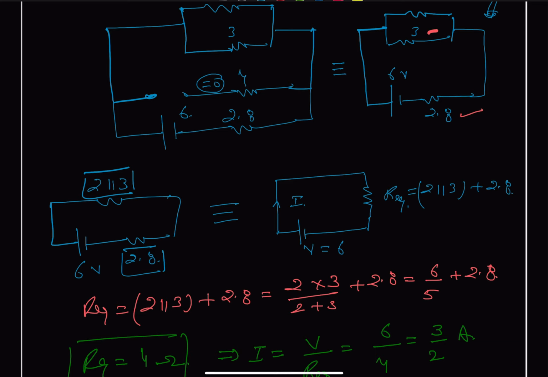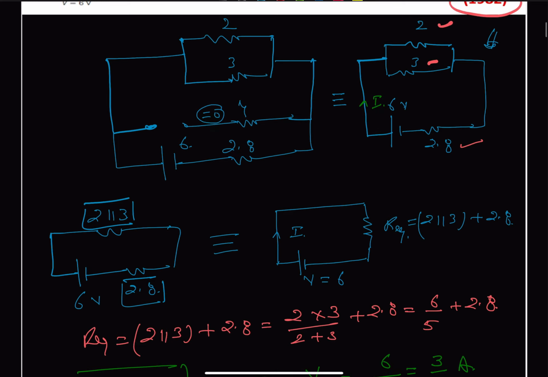The same current will be flowing through here, and it will be divided in this parallel circuit. We can say this is I2 and this is I1. We are interested only in the current through the 2 ohm resistance, that is only I1.